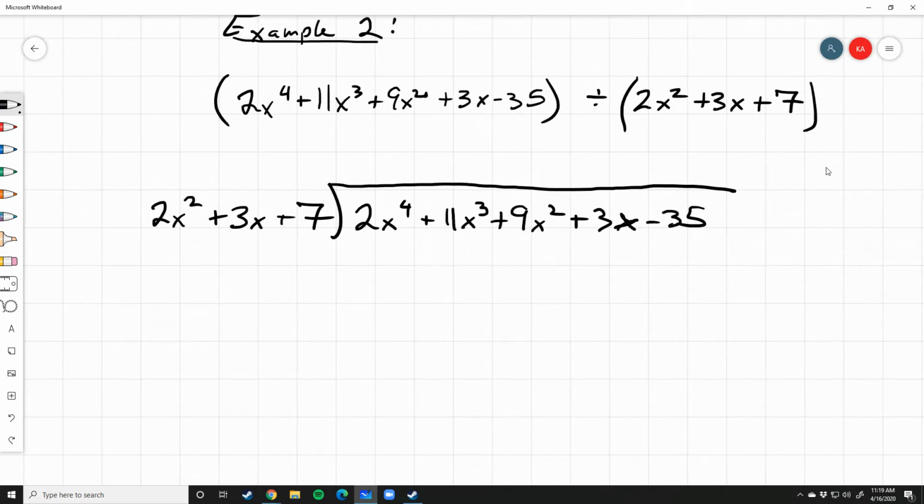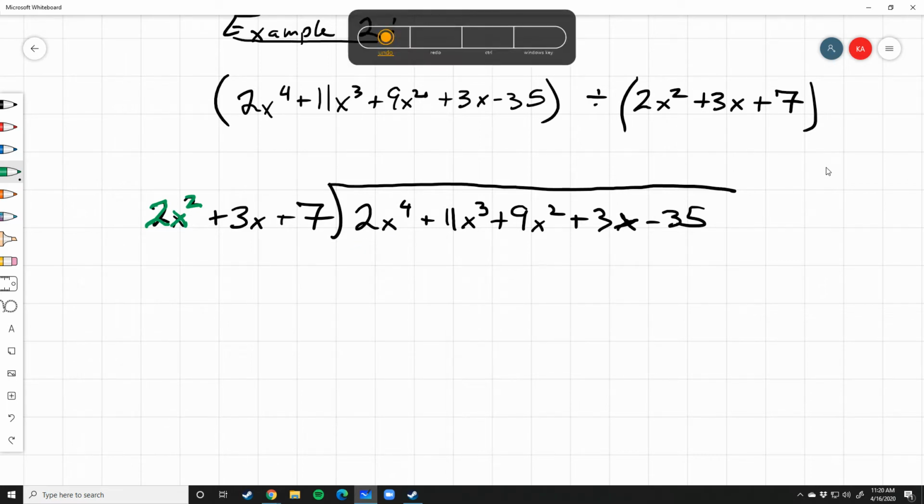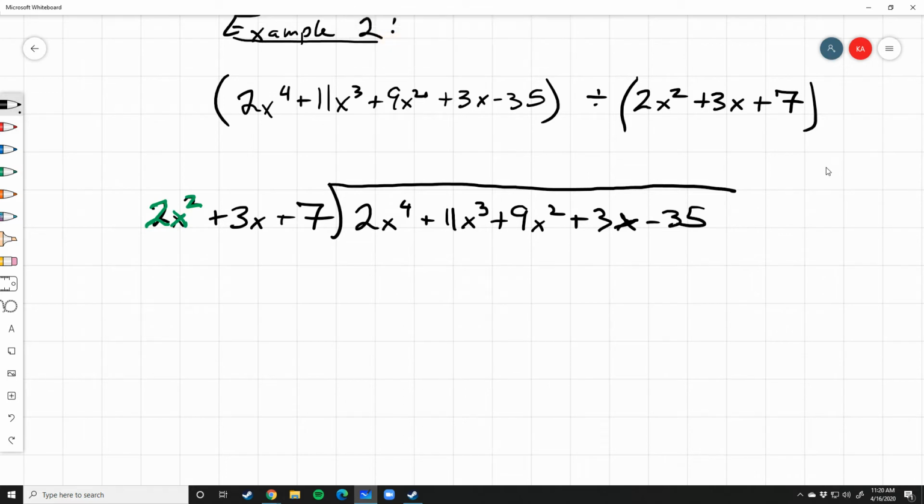All right, we'll start as we normally do. And we will ask ourselves, well, what do I have to multiply 2x squared by? What do we have to multiply 2x squared by to make it equal to 2x to the 4th? In this case, you're probably saying it's x squared.